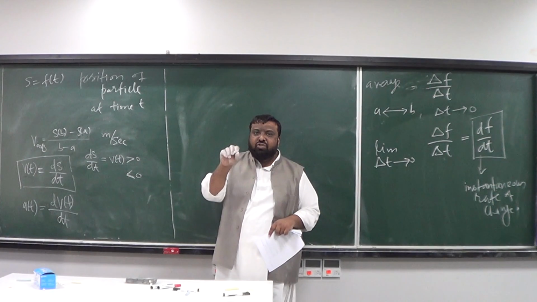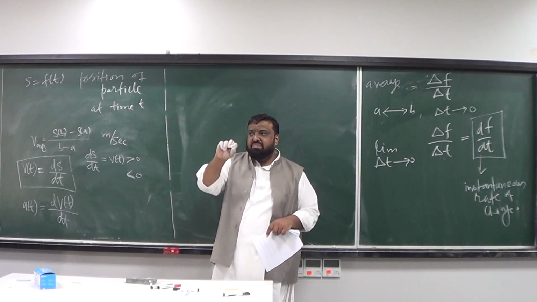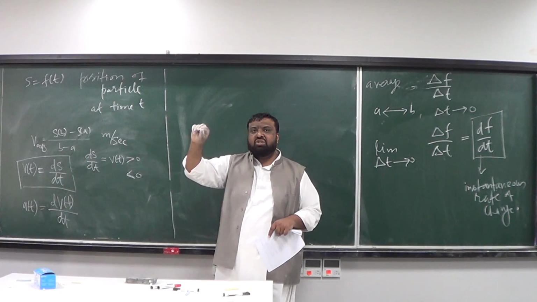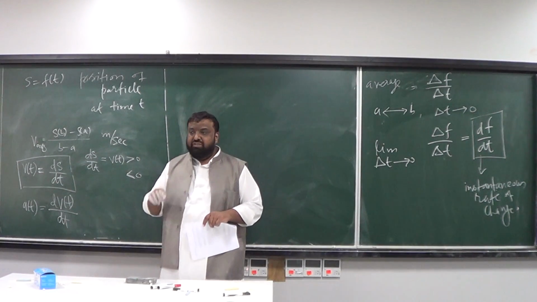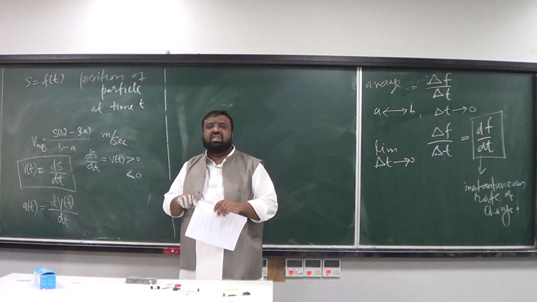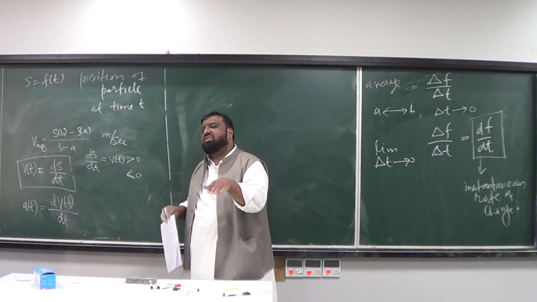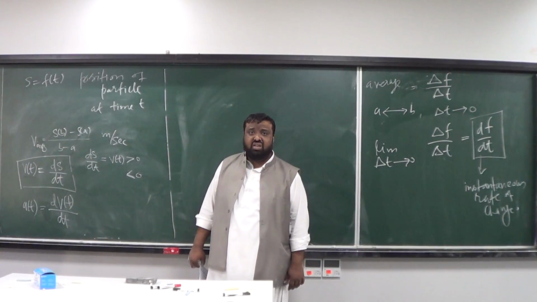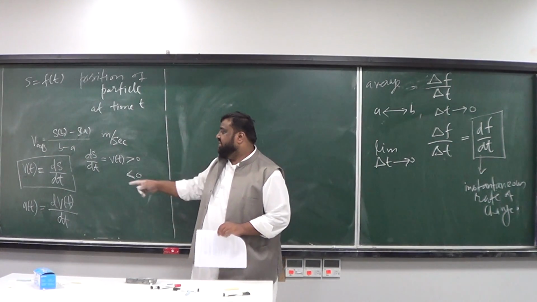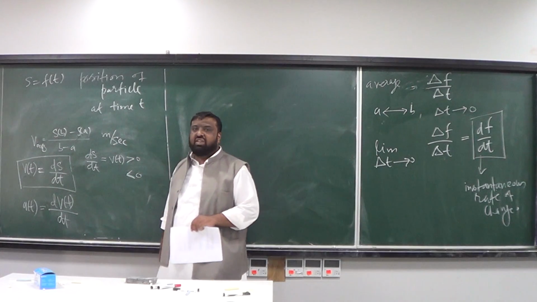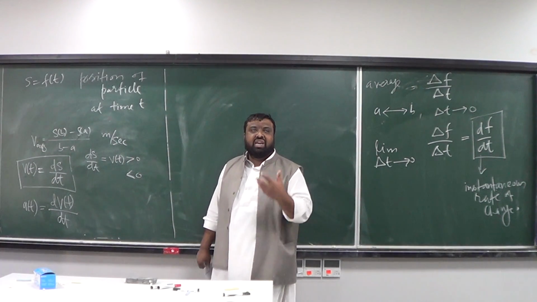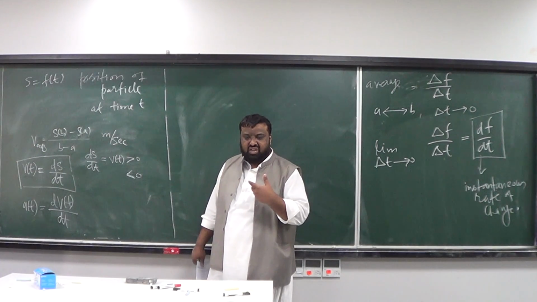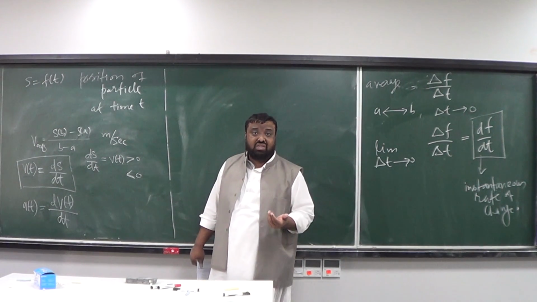Then the aircraft would be like a dot that makes a curve, and the different movements of that dot will give you information about that aircraft. And if ds by dt is positive, then you're going to say that your aircraft is covering more and more distance.